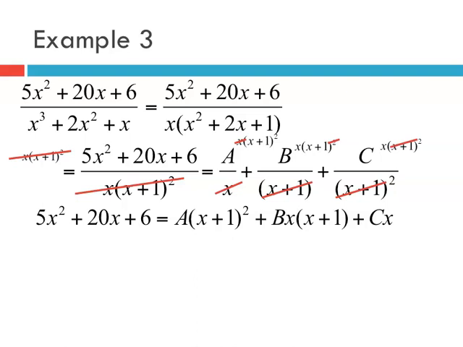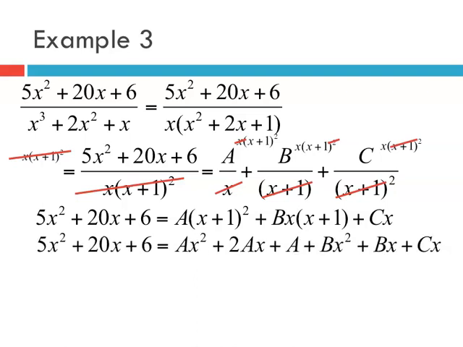So we just need to multiply this x plus 1 squared, so that'll be x squared plus 2x plus 1, and then multiply that by a, and then distribute the b, so bx plus b. And then now you're going to do the same thing. You're going to group like terms. Now you'll notice that we did have 3 fractions, so we have a, b, and c to solve for.